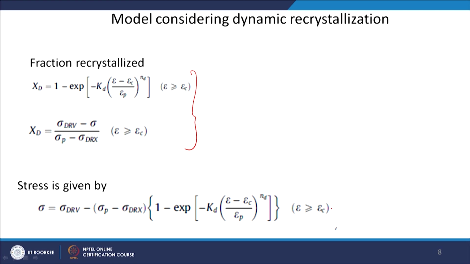So, they found out the fraction recrystallized from two different ideas, and then they equated it, and from there they found out what will be the stress of the system at a particular point. So, this is a physical based model, which is considering dynamic recrystallization.